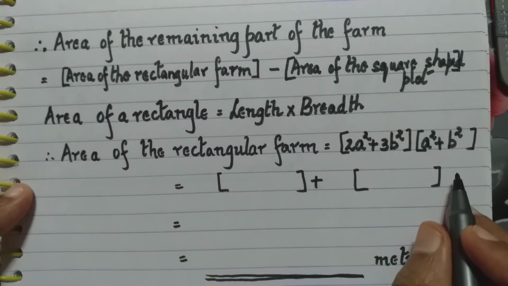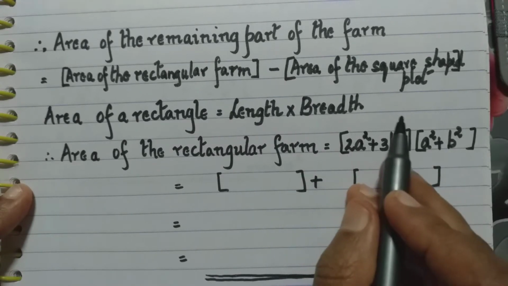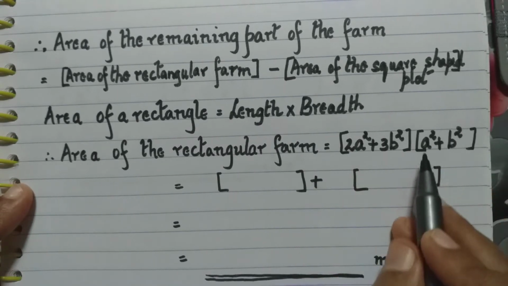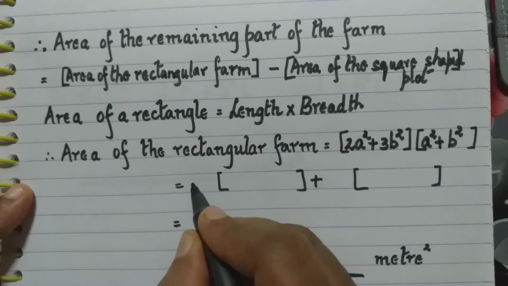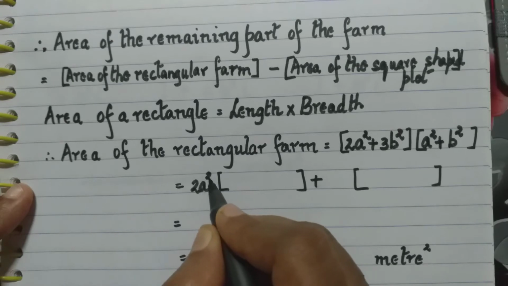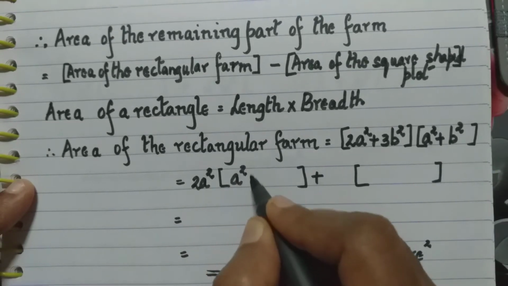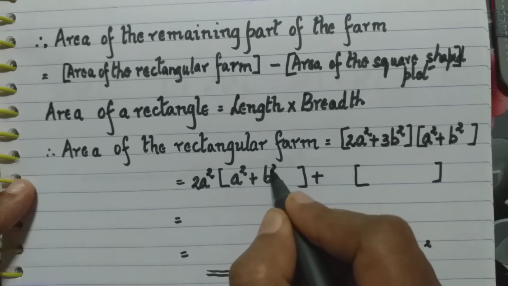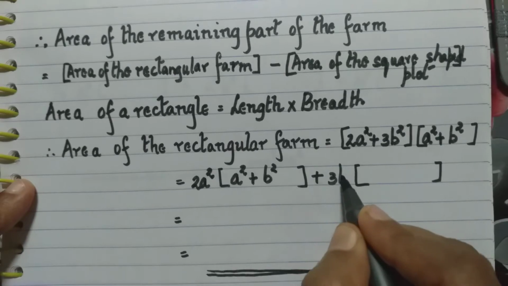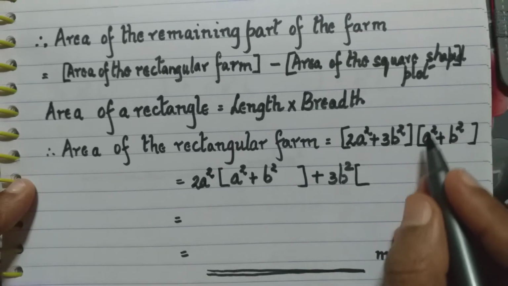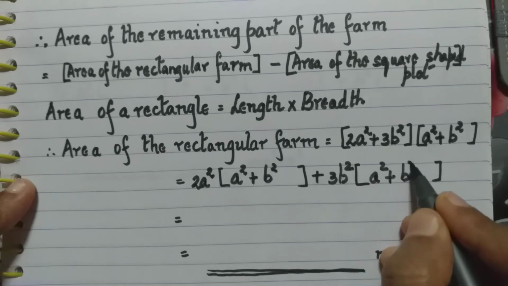How will we multiply this now? Take the first term and the second bracket. Then the second term and the second bracket. So I write first term is 2a square into a square plus b square plus the second term is 3b square into a square plus b square.